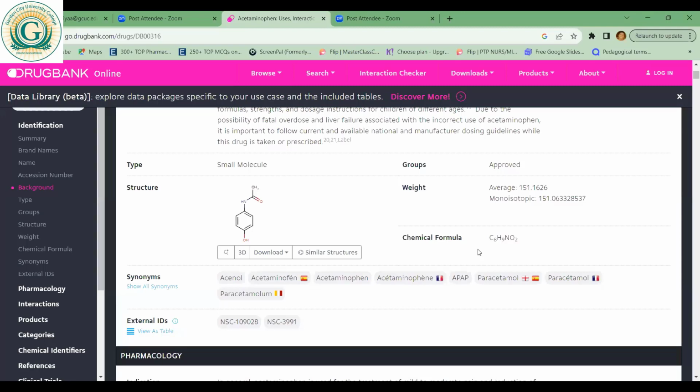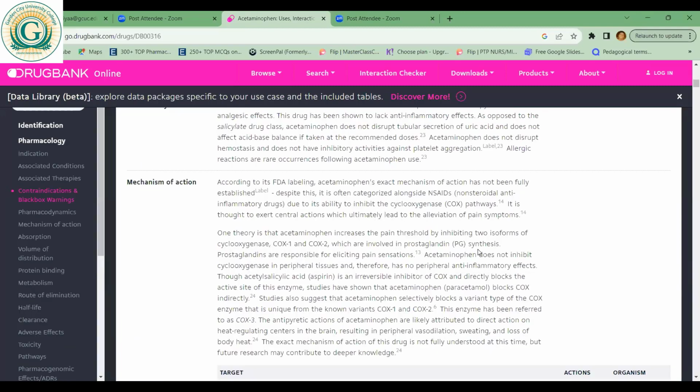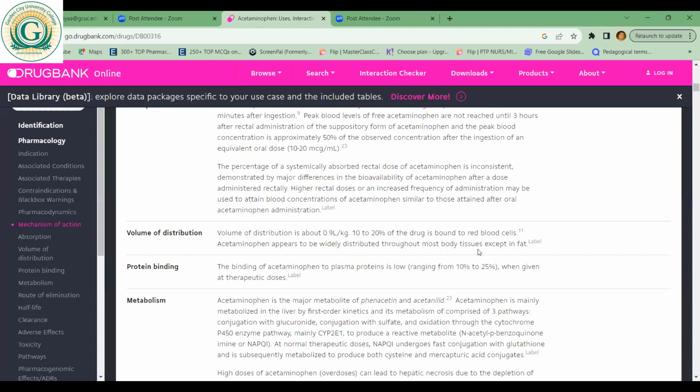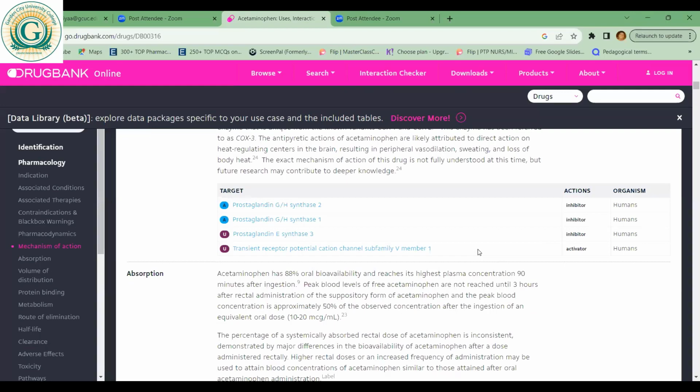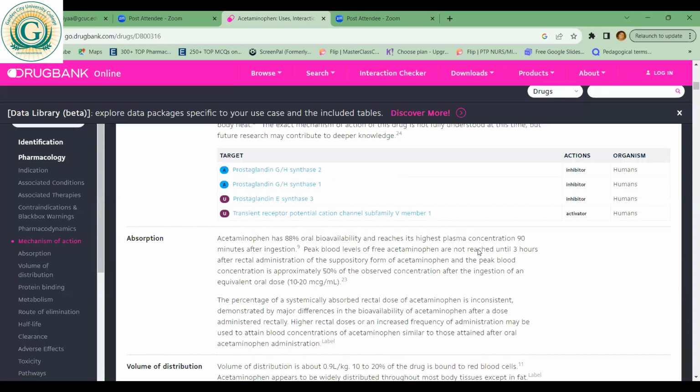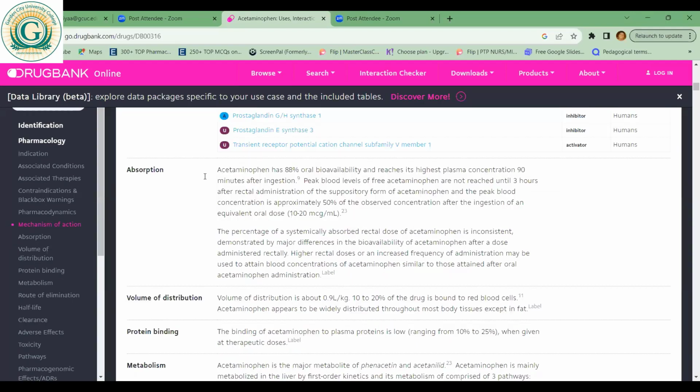If you are using a drug reference book like the BNF that was shared on your platform, or you are using the drug information leaflet, you see it there. Let me increase it a little bit.